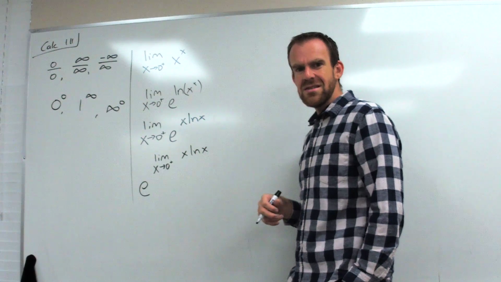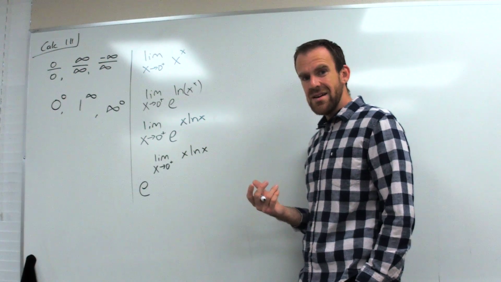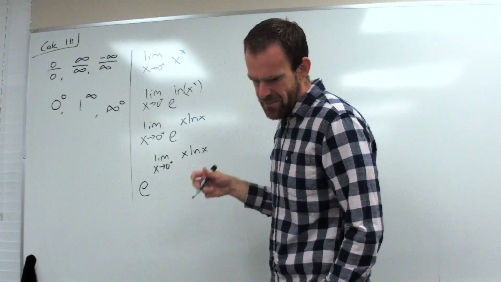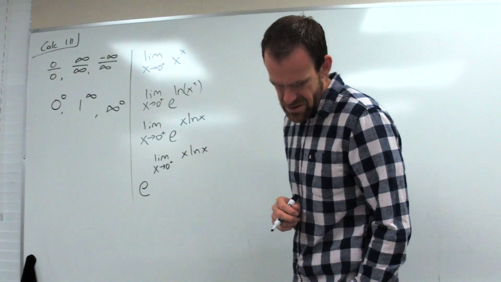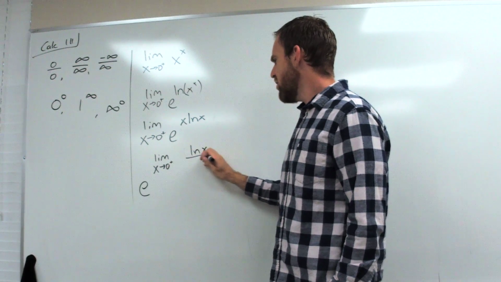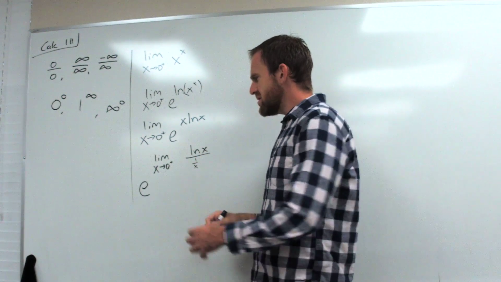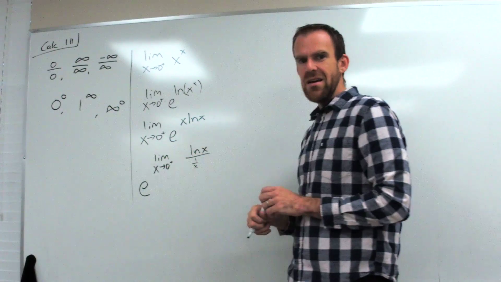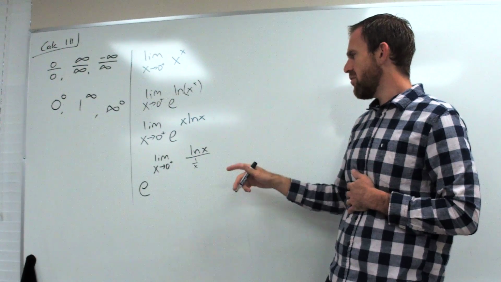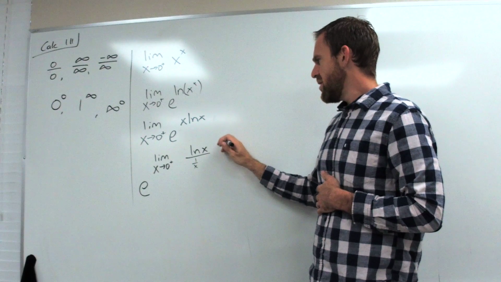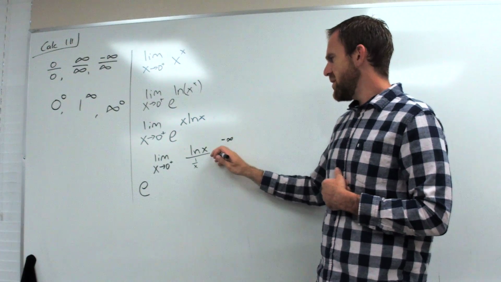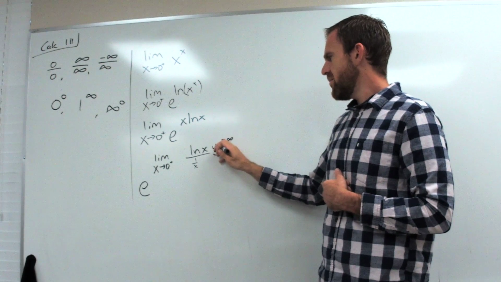Now, x ln of x is a little funky. I can rewrite this in a way that gets me infinity over infinity, and I can apply L'Hopital, which is, if I'm not mistaken, yep, ln of x over 1 over x. Remember, this is all the exponent of e because I had to take e to the ln to make sure that I didn't change the problem. This is now negative infinity over infinity.